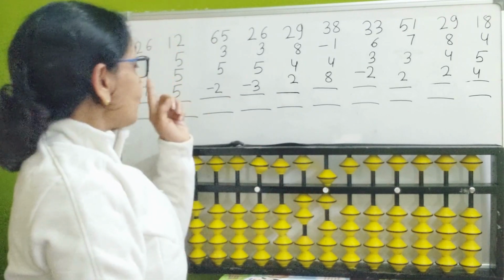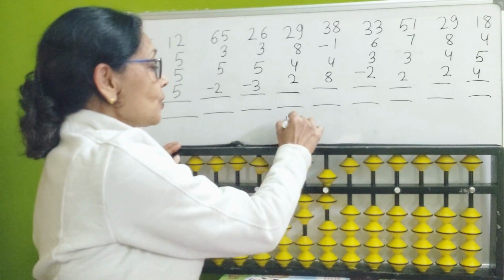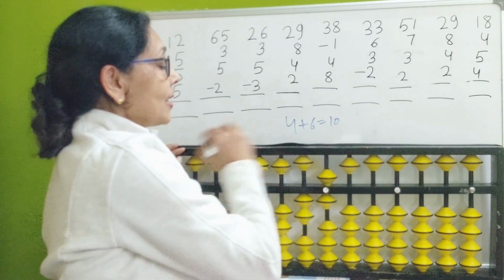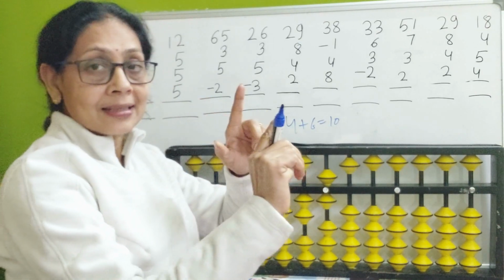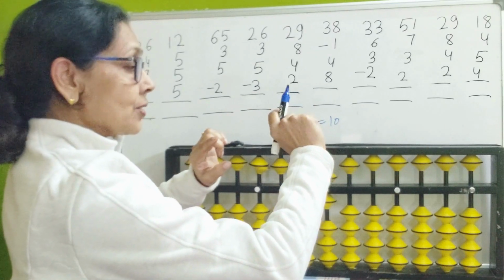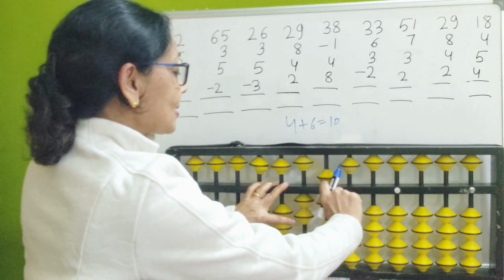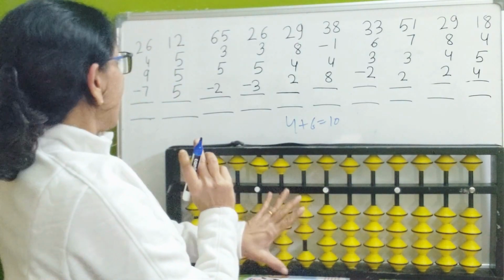So you have to add 4. The friend of 4 is 6. Why 6? Because 4 and 6 make 10. So always we have to do less friend, add 10. Okay, so by using the right hand, you have to do less friend, add 10. So less 6, add 10 makes add 4.